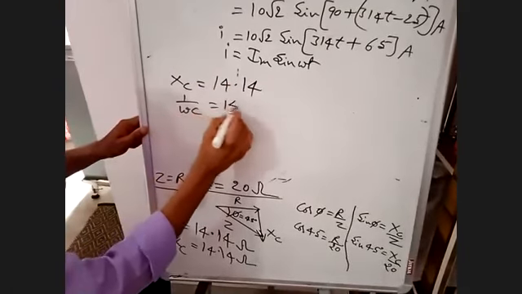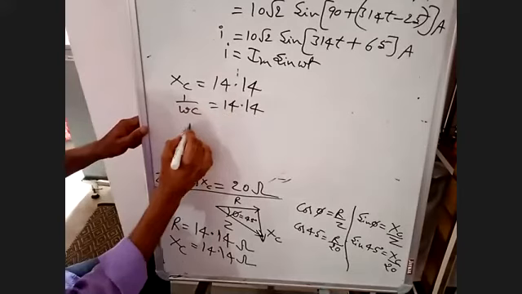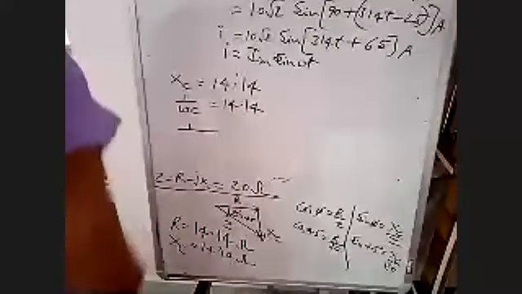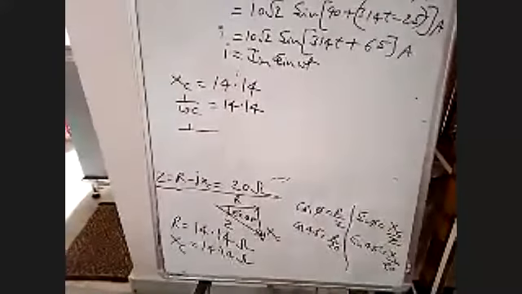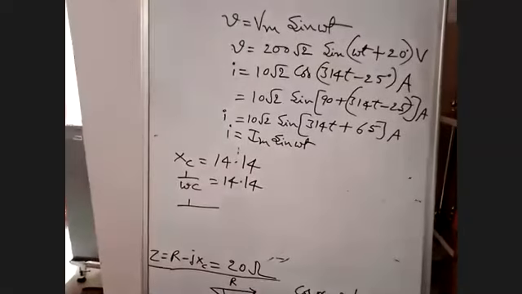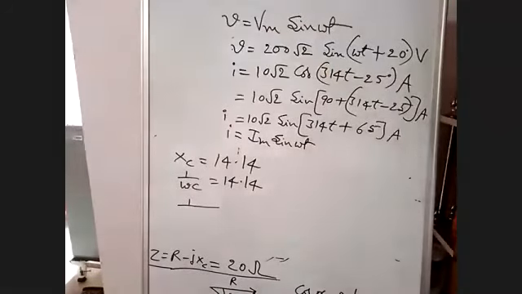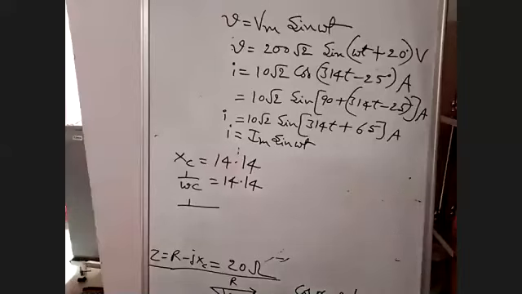What is omega in the problem? 314. See the problem, sin omega t. Omega is 314.